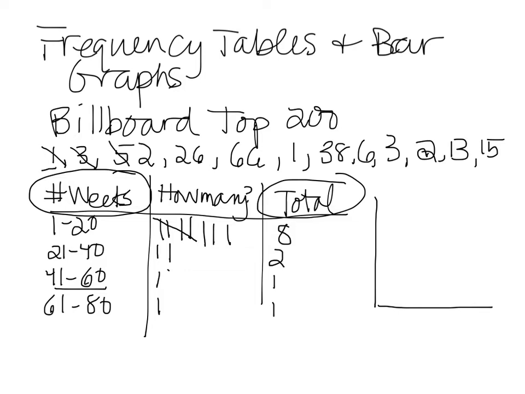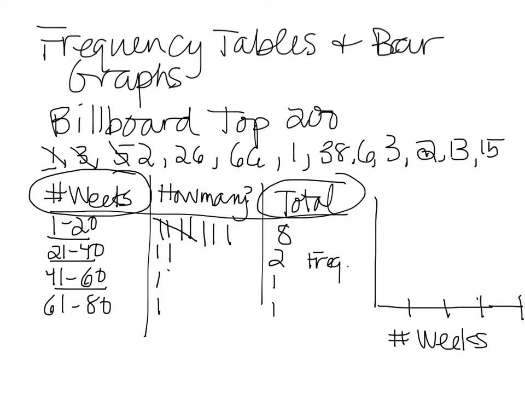You can see that the 1 to 20, 21 to 40, 41 to 60, 61 to 80, those are pretty arbitrary, or in other words, just given things. They don't measure anything. They're sort of like spread out like this. So we're going to call that the independent variable, and that is the number of weeks. The thing that varies is how many of them are there. In other words, that's called the frequency.